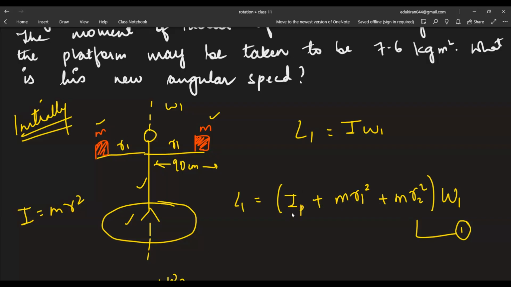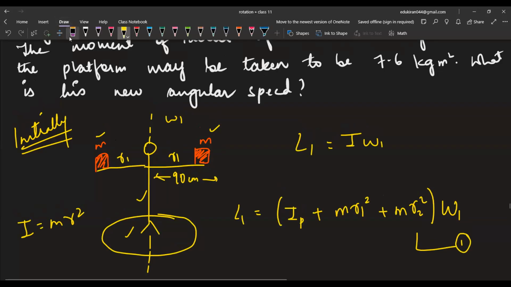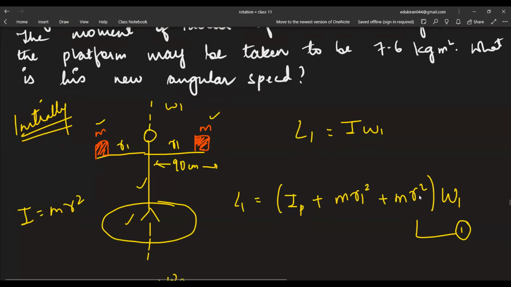Within this IP, which is 7.6, we have included these two as per the question, and these two are also separately taken, MR1 square plus MR1 square. Same radius, everything is the same in this. It could have been non-identical. In that case, you have to write differently. Every time it's not necessary that it is given. You can bend your arm slightly, another can be stretched out. So the body can be asymmetrical, you know this. Okay, so this is the first equation.